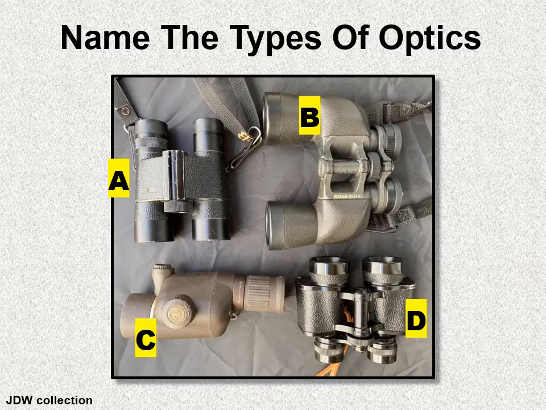So here are 4 types of optics. This is a trick question. C, the ocular on the right, the objective on the left are not in the same plane. It's a prismatic situation, but it's a single telescope. It is a monocular. And in fact, this one is almost like a small spotting scope.